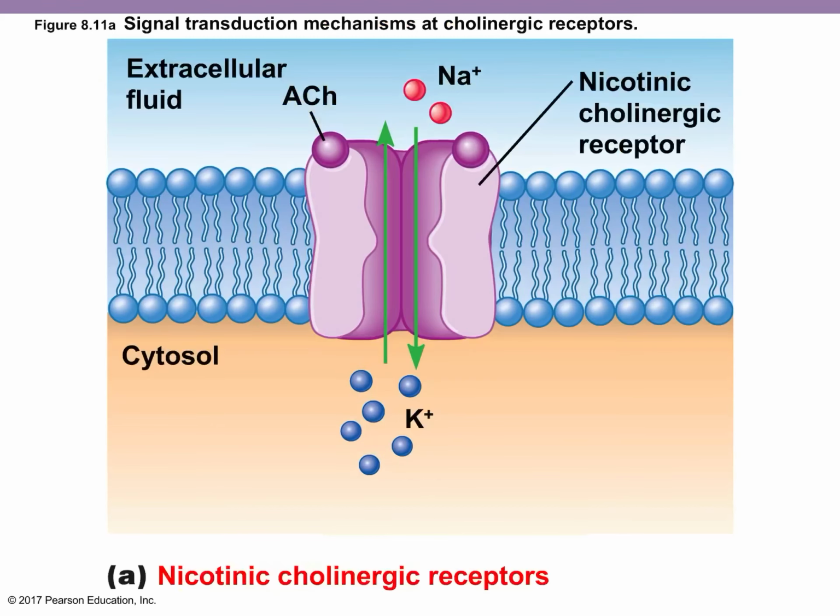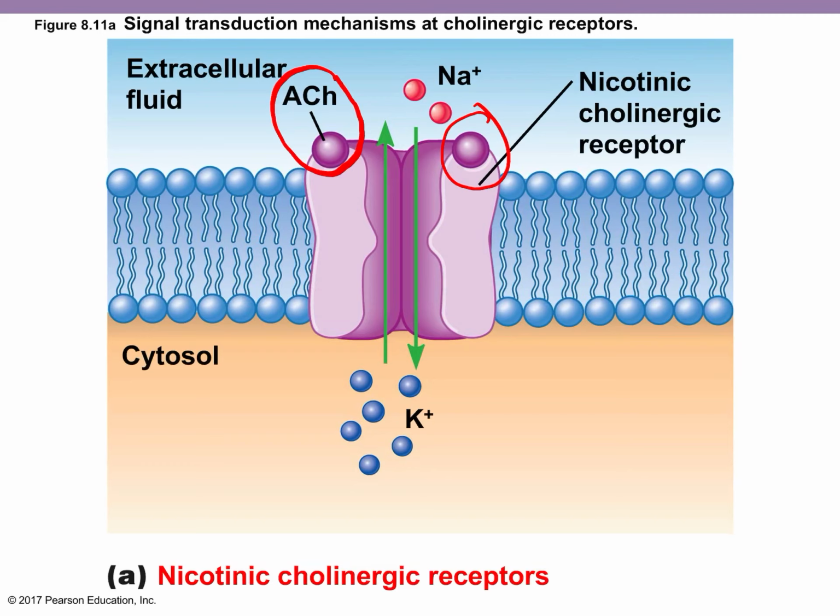So let's take a look at the receptors. This is a nicotinic cholinergic receptor. You can see ACh, which stands for acetylcholine, binds to the receptor. There are two binding sites. And then it's basically an ion channel, right? So what kind of channel or action is this? This is an ionotropic receptor, so this is a very fast receptor.